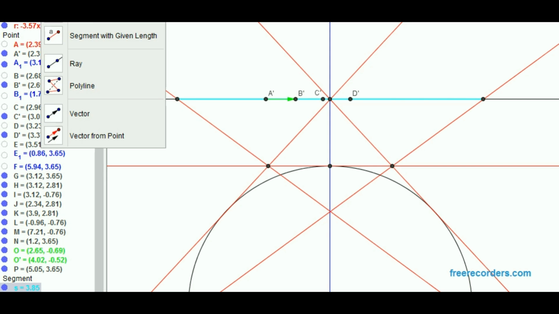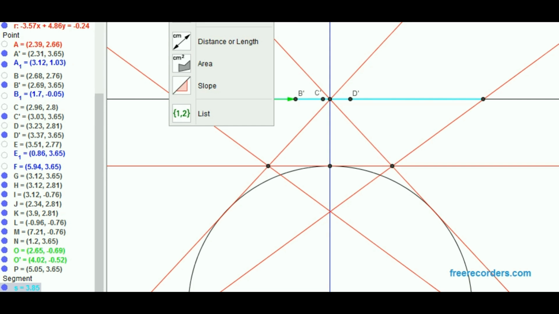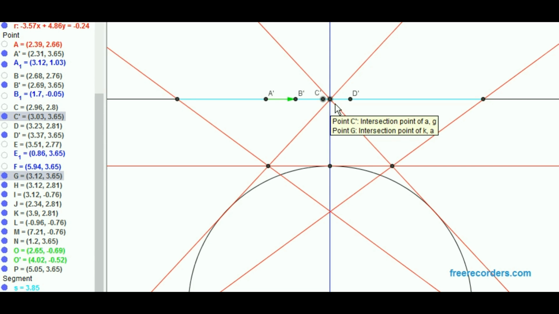Perhaps a clearer way to think of it is if we look at angles.